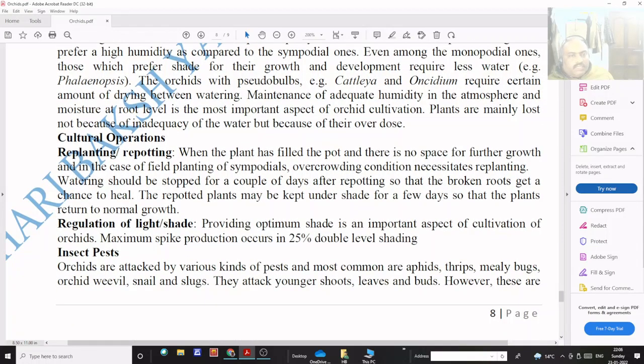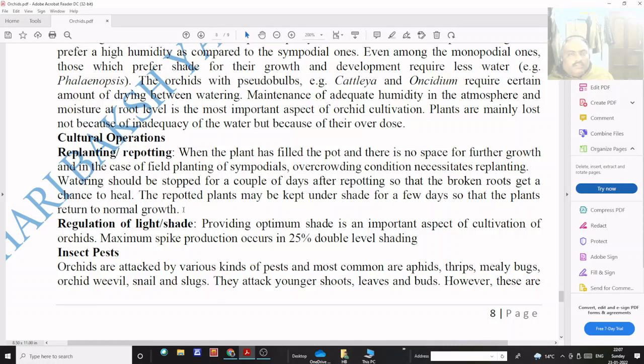Some cultural practices are there, like planting or repotting. When the plants have filled up the pots or their rhizosphere with a lot of roots or rhizomes, they need to be replanted or repotted. The repotted plants may be kept under shade for a few days to few hours so that plants return to their normal growth.